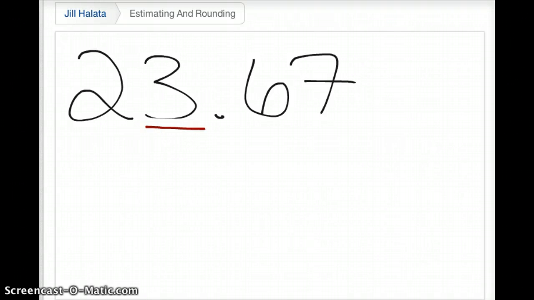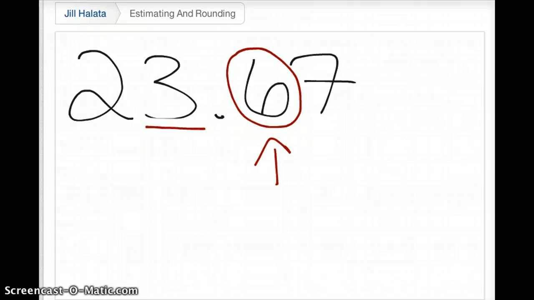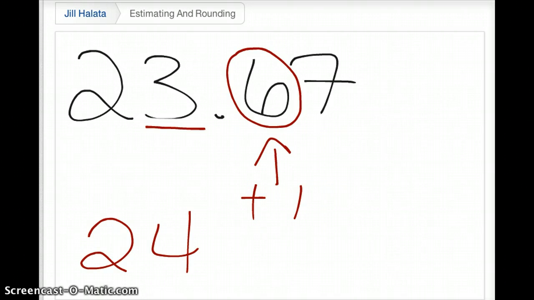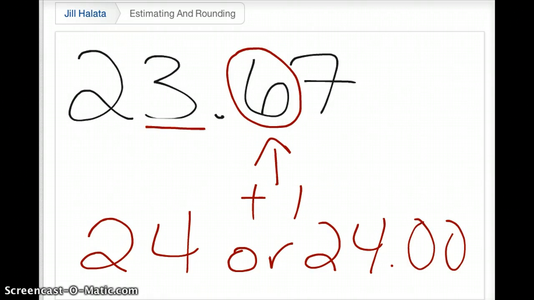Remember, underline that place. Circle the one directly to the right of it because that's going to decide what's going to happen. If it's between 5 and 9, which it is, it's a 6, then it's going to be a plus 1. So that makes it become 24. Remember, if you want to leave the zeros on there, it's 24 no matter if I have zeros back here or not. It's the same thing.